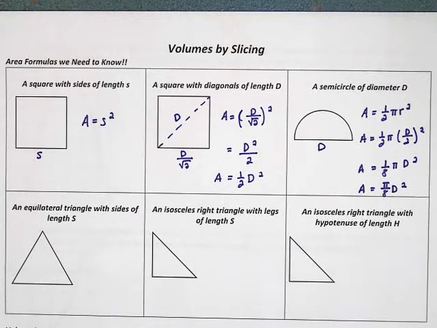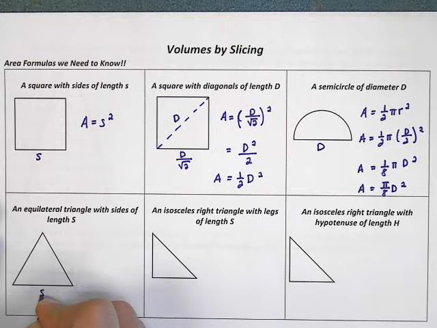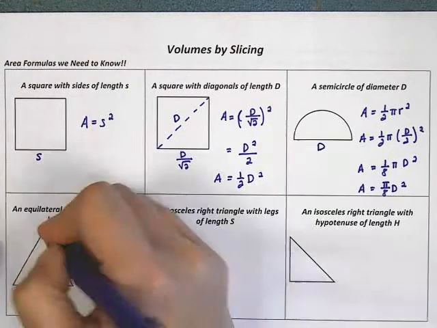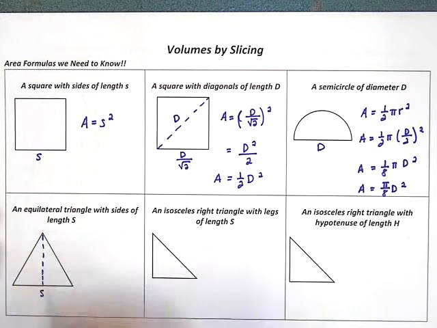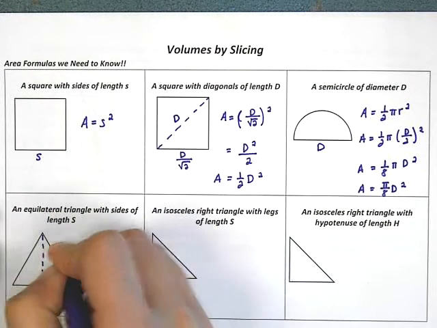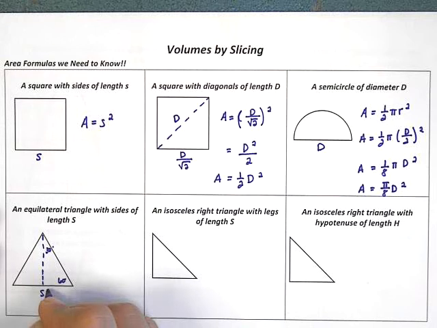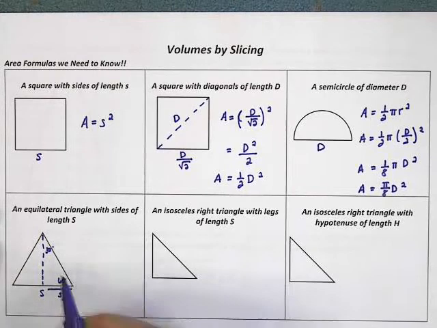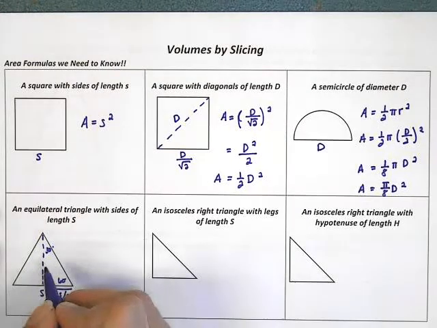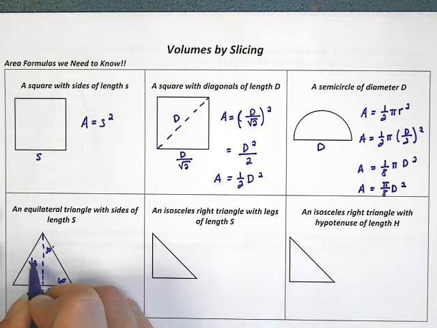If we have an equilateral triangle, that means all three sides are the same, so this would be s. And to figure out the height, we would rethink this as having a 30, 60, 90 triangle. Now this half would be worth a side divided by 2, which then, to figure out the side opposite the 60-degree angle, would be the square root of 3 over 2 times a side.